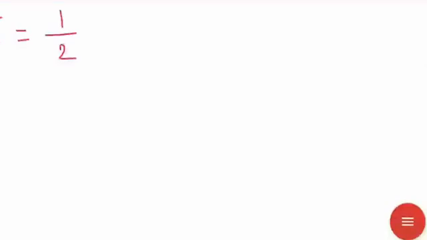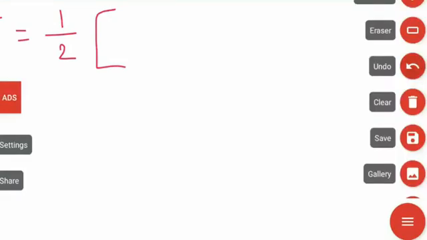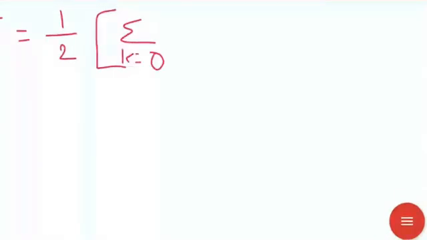Expand that summation, k 0 to 1, 0 to m minus 1 means 1, xk.